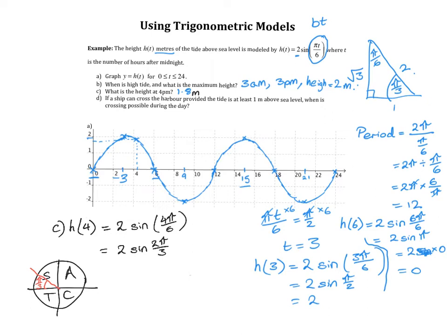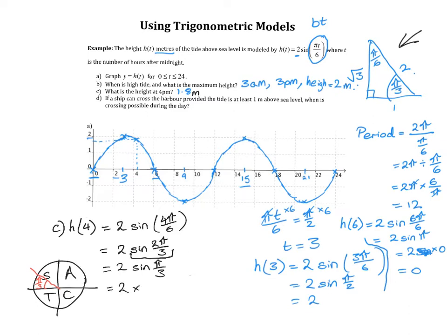And because it's in the second quadrant, sine is still positive, so we can replace this with the equivalent sine of just pi on 3, because the angle to the horizontal is just pi on 3.